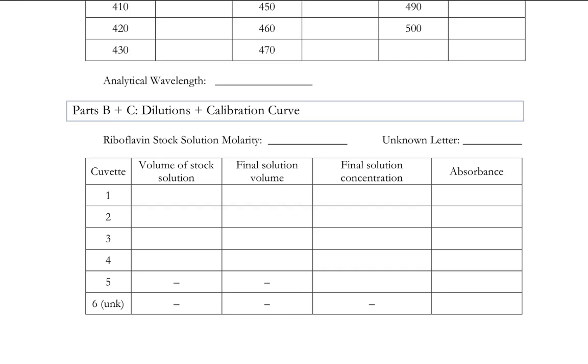That will give you the final solution concentration that you need for each cuvette. Where cuvette 5, it is the stock solution molarity. The absorbances you will find in the experiment video. And then we have unknown 6, which we have, of course, not diluted. We're after its concentration. And the absorbance of it you will be given in the experiment video.